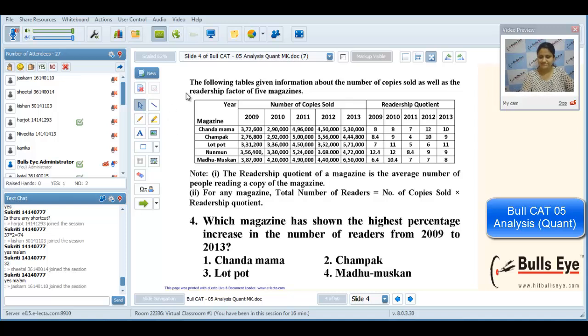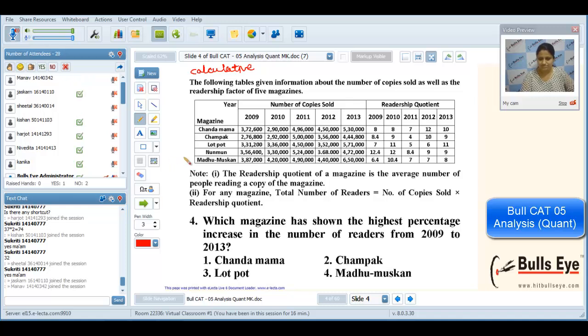Okay, now next is a DI set, calculative. But without logic. We will not apply any great logic in this set. It was a simple calculation sum. Any problem in any of the sum?